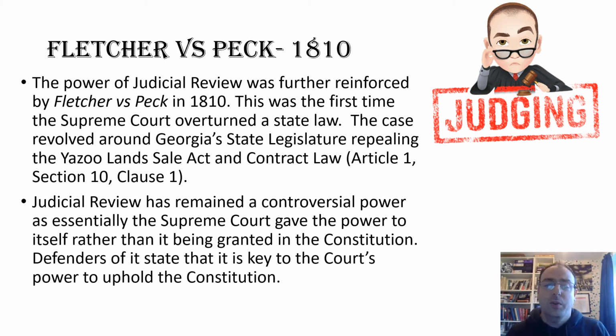The case revolved around Georgia's state legislature repealing the Yazoo Land Sales Act. There'd been a lot of corruption surrounding this, and so the legislature had been voted in. There had been the corrupt sale of this land. There's an election, the new legislature's voted in, and it overturns it.